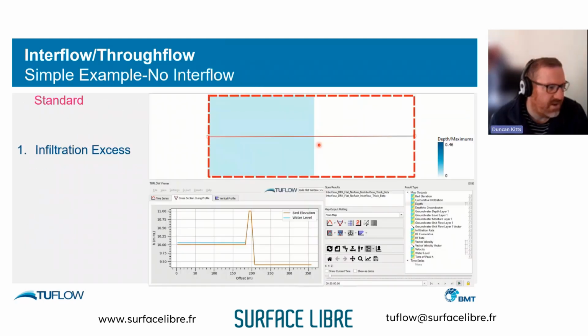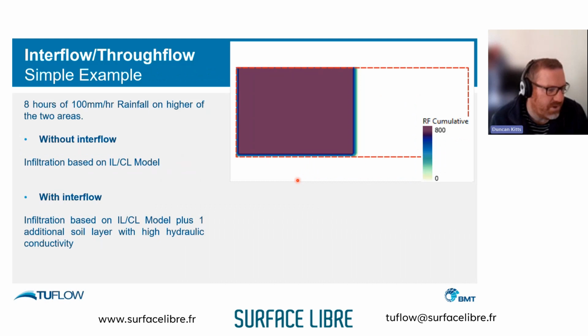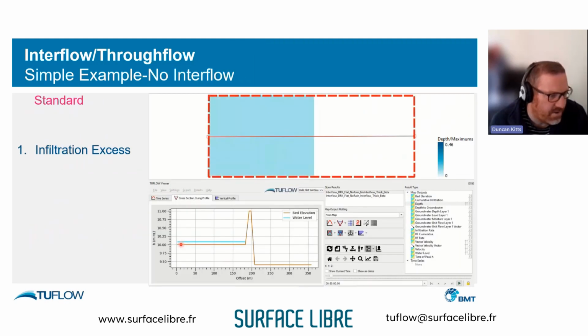We've got one soil layer going on. This is what happens when you haven't got interflow: we've got runoff occurring, our water depths increase, but it never gets to the point where it can flow over that embankment. So we don't get any water in the downstream bucket.